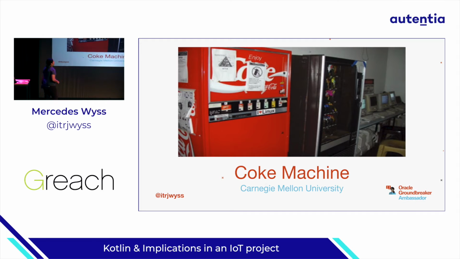Or they go and the provider just arrived a few minutes after them, and the Cokes were not cold as they wanted. So what they did was install some sensors in the machine to check if the machine has Cokes or not. And they have other sensors that have metrics about how long ago the provider was at the machine to put the Cokes in. So they can know if the machine has Cokes and if the Cokes were cold.